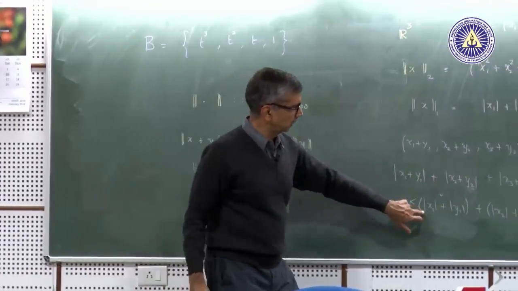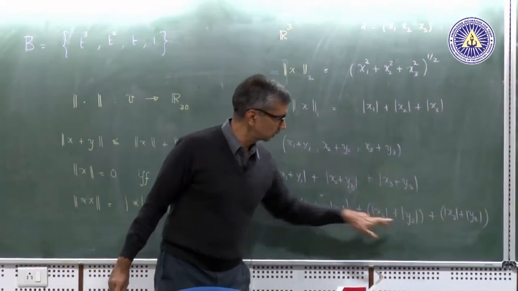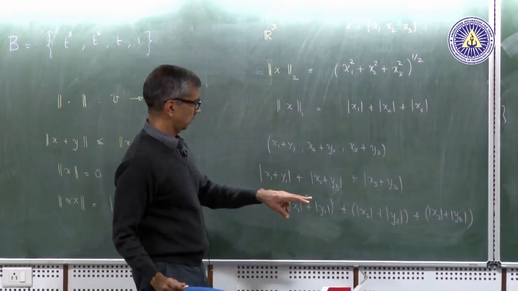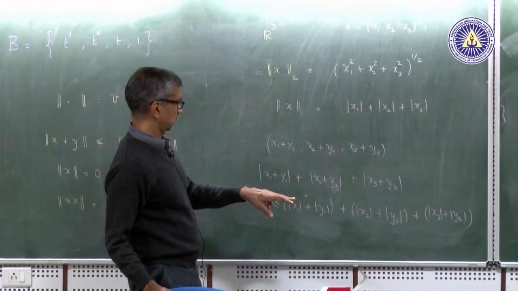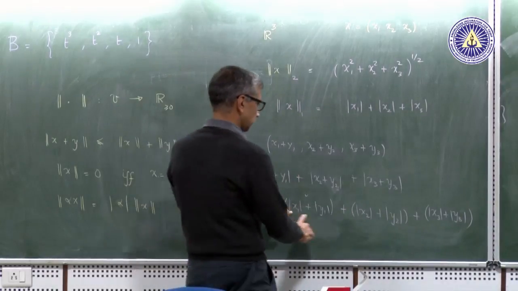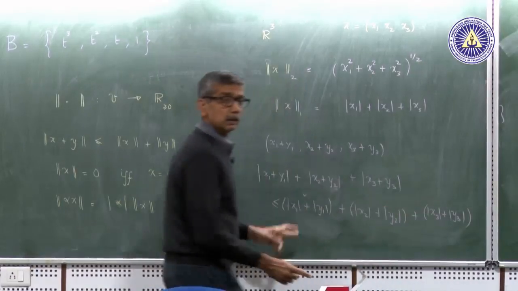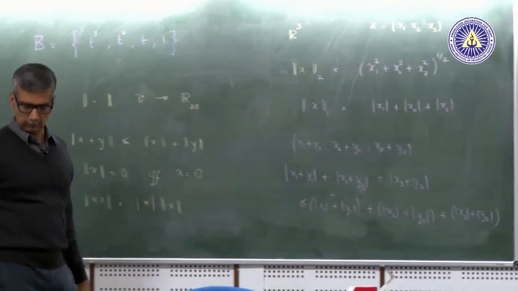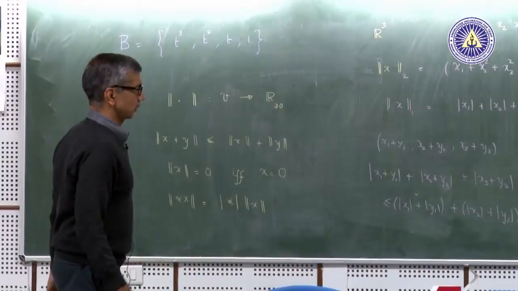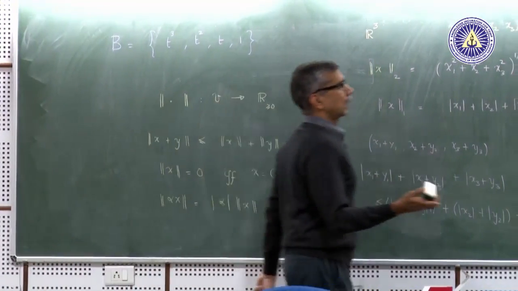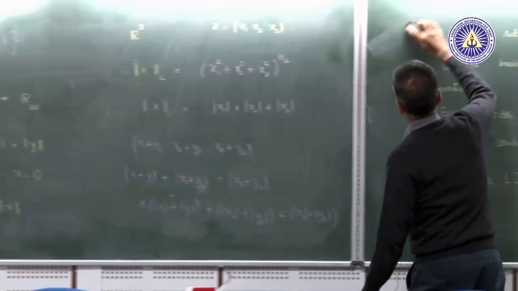And now bring this together, this together, and did I make some mistake? Sorry, bring this and this together, this and this together, and you will have the answer, right? Should be true. So, that is the notion of size.